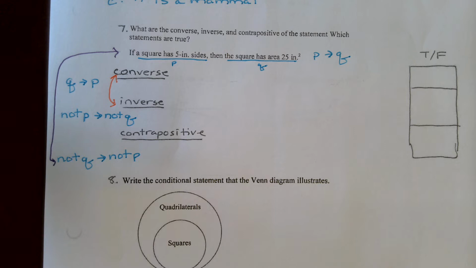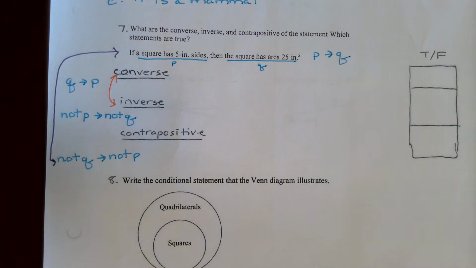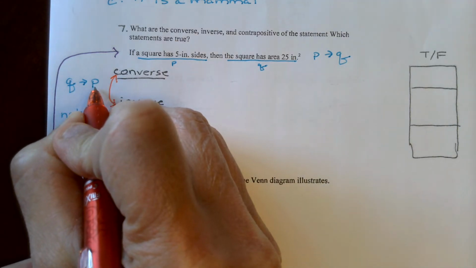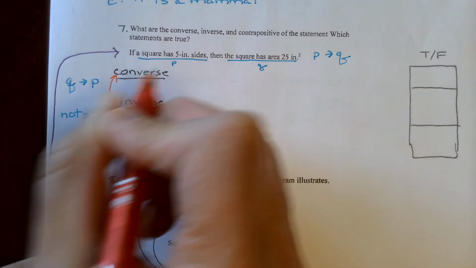Remember, when we're doing our flipping, we're not taking the then and the if with it. The converse is the Q to P. So I'm going to flip the Q and the P, but leave the if and the then.